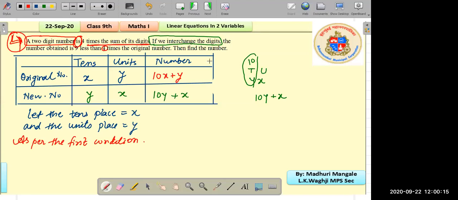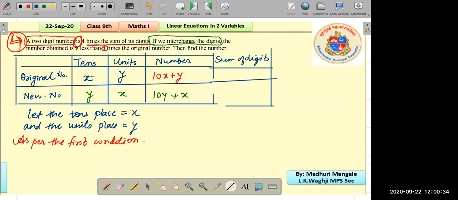Now in the table itself, we can extend this table to include the sum of digits for the new number and for the original number. For now, we are asked for just the original number. So what is the sum? We will just add the tens place and the units place. That will be x plus y.